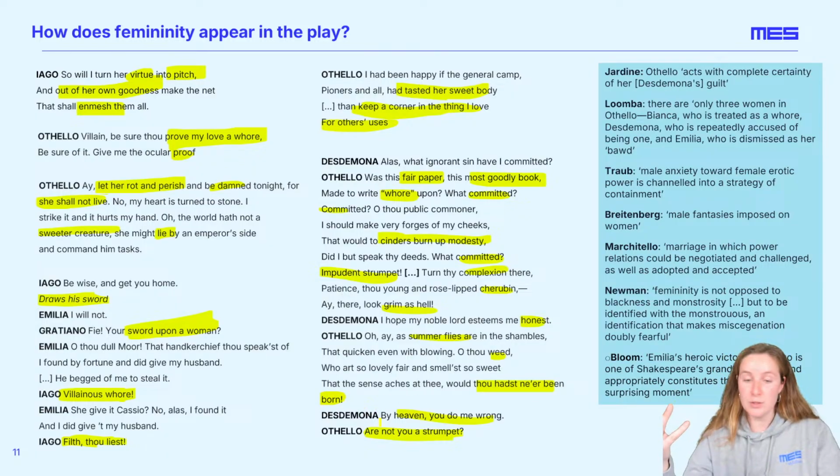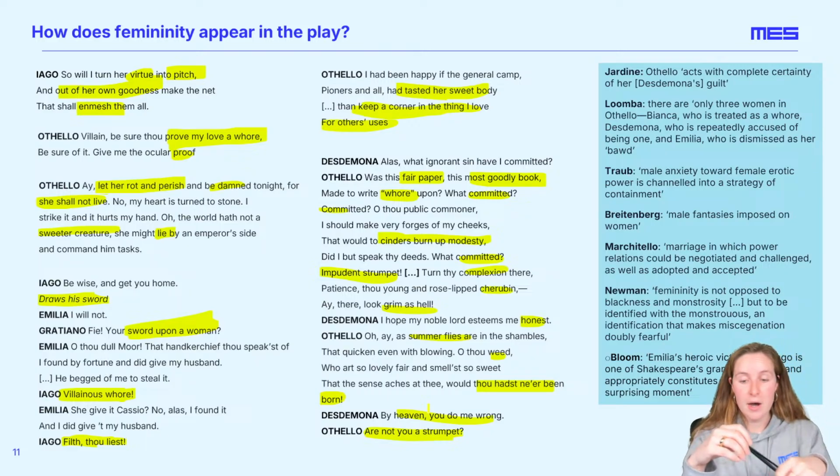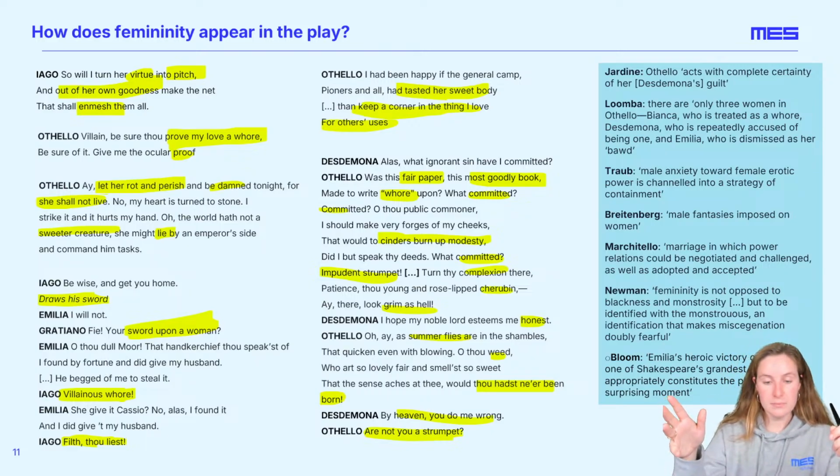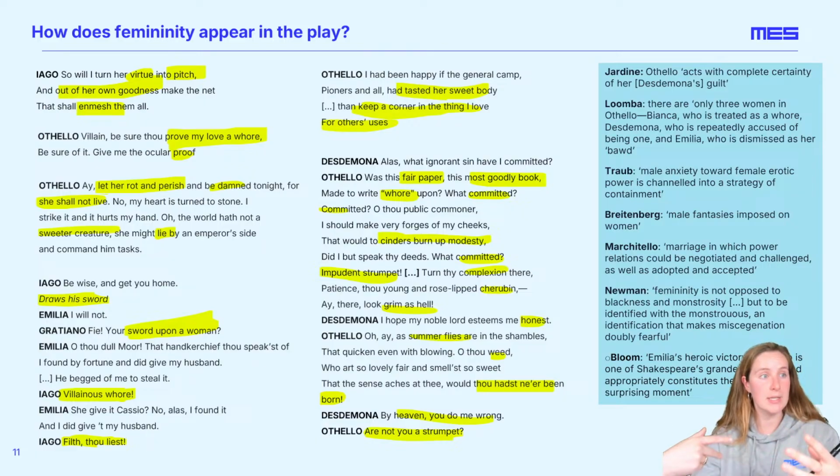She says, by heaven, you do me wrong. Are you not a strumpet? So this idea then of her trying to defend herself, a little bit transgressive then, but also this idea of him feeling completely justified in this because thinking that he deserves to treat her this way because of her infidelity.